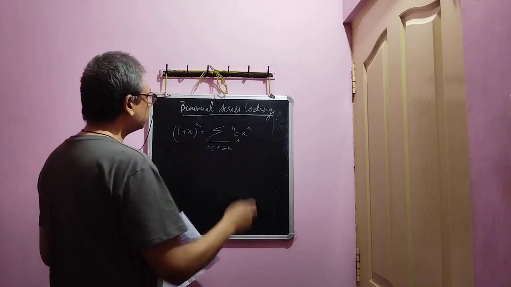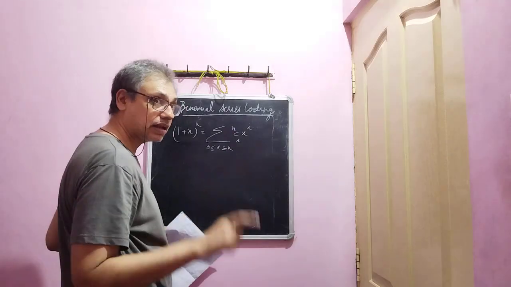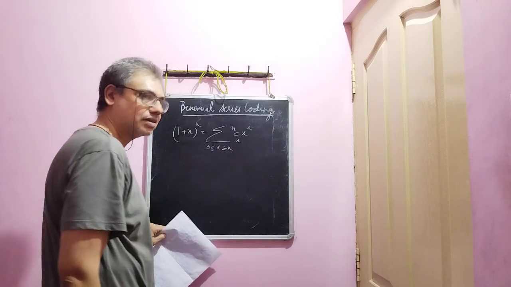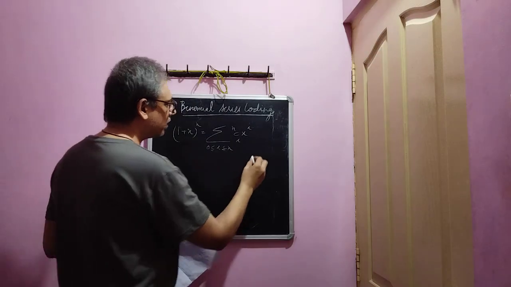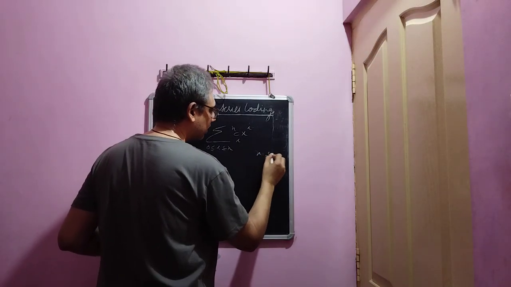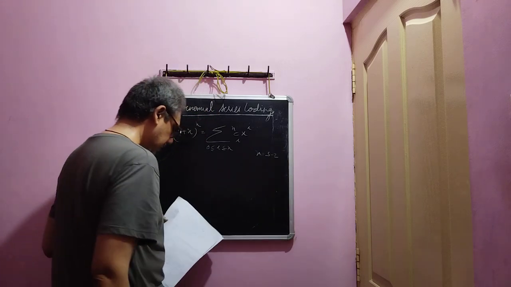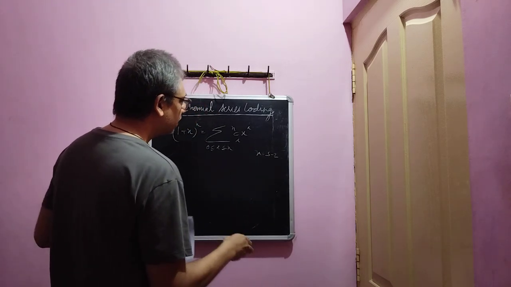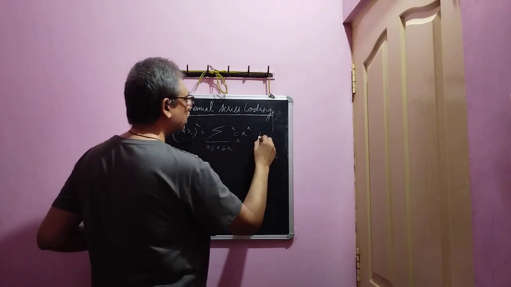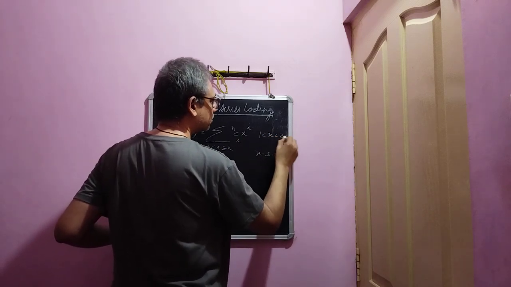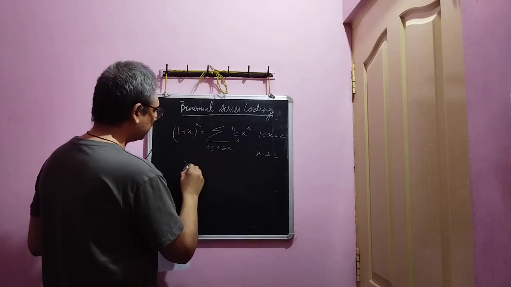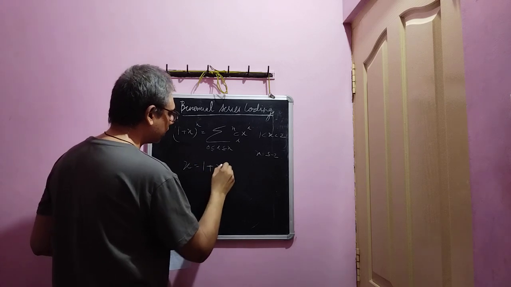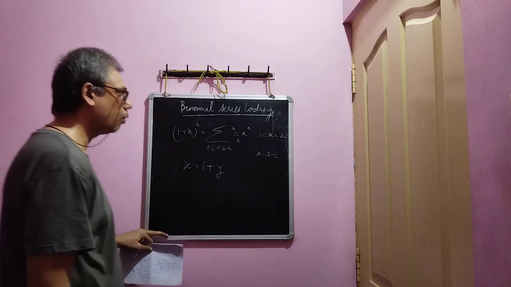The contribution of the middle term here will be the largest. Now here we are taking n equal to s minus 2, and we know 1 less than x less than 2. Suppose x is equal to 1 plus y.